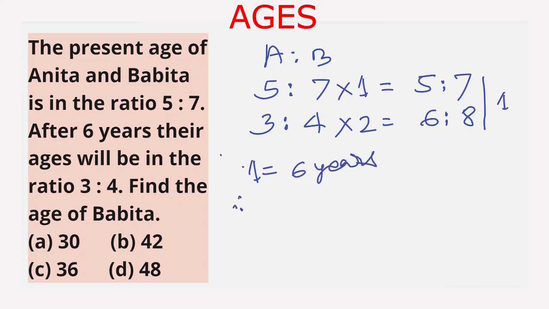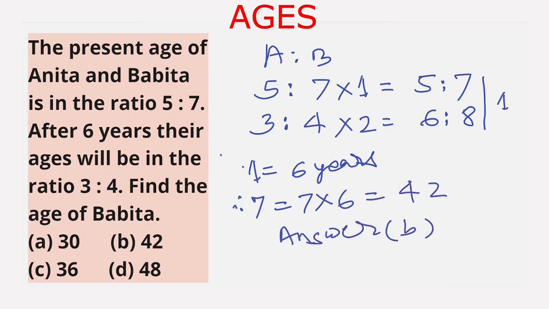Therefore age of Babita is 7, so 7 multiplied by 6 is 42. This way we can solve such questions without using x. And from the given options, our answer is option B 42.